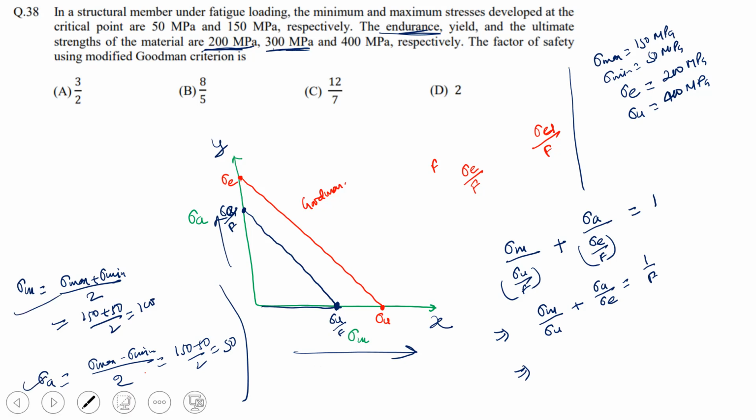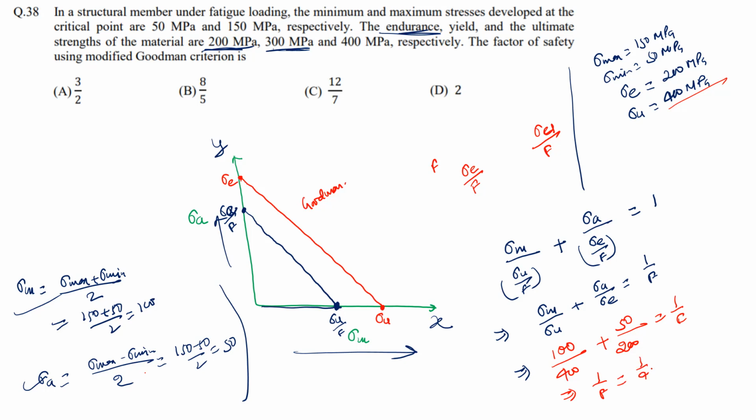Now you put these values in this equation. First is sigma m, which is 100, and sigma u, which is 400, plus sigma a, which is 50, divided by sigma E, which is 200, equal to 1 by F. So this implies 1 by F equal to 1 by 4 plus 1 by 4, so it shall be 1 by 2.